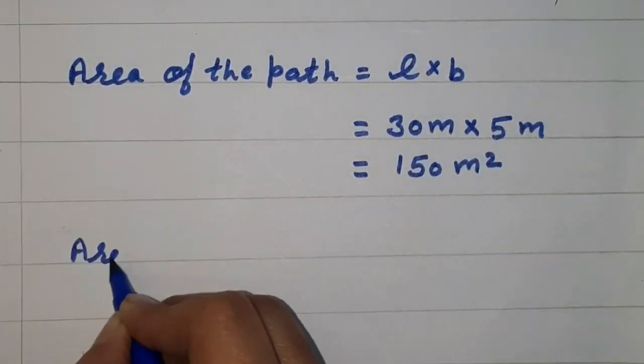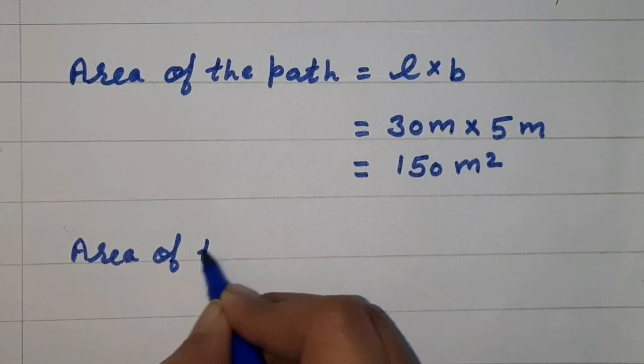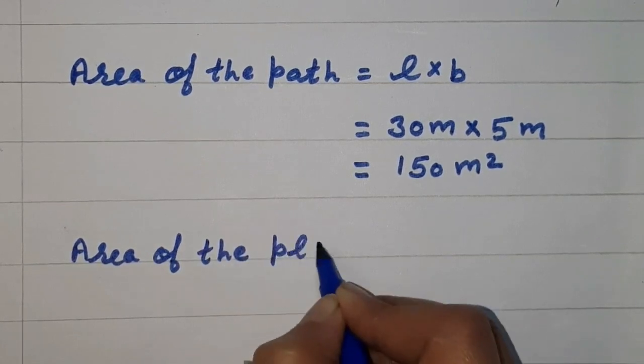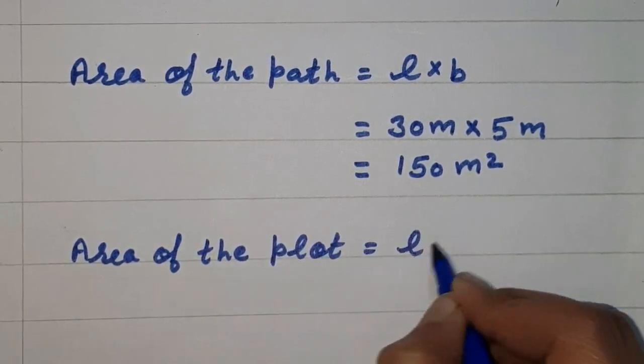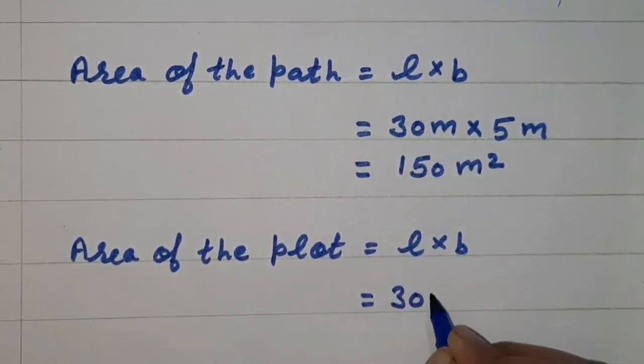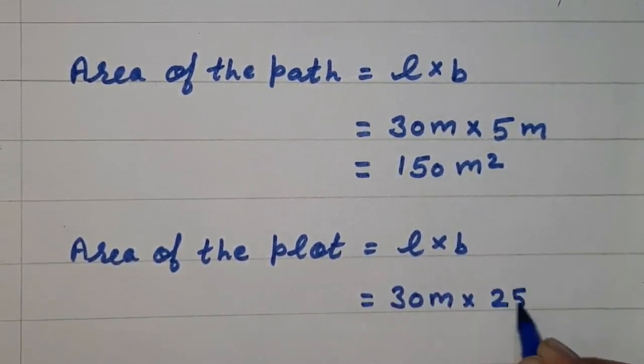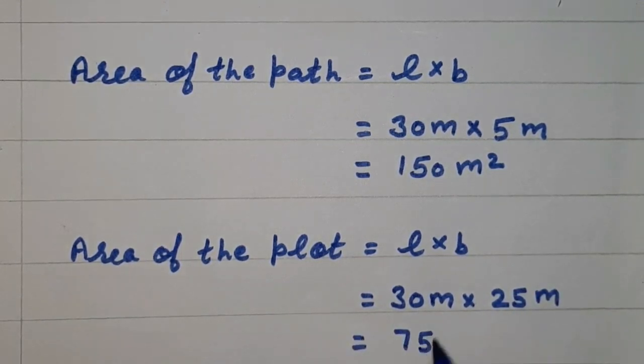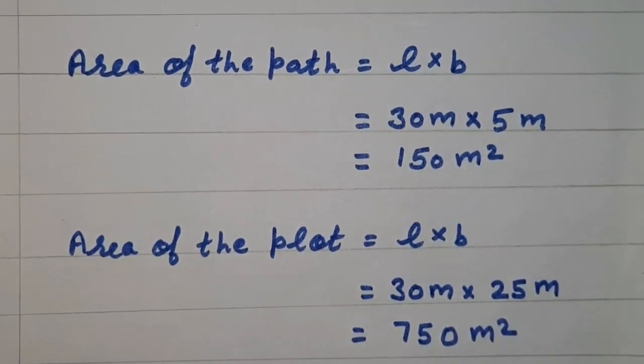So area of the plot is equal to length multiply breadth. Length is 30 meter and breadth is 25 meter. 25 3s are 75 and 0 will be written, as we know, in oral multiplication.